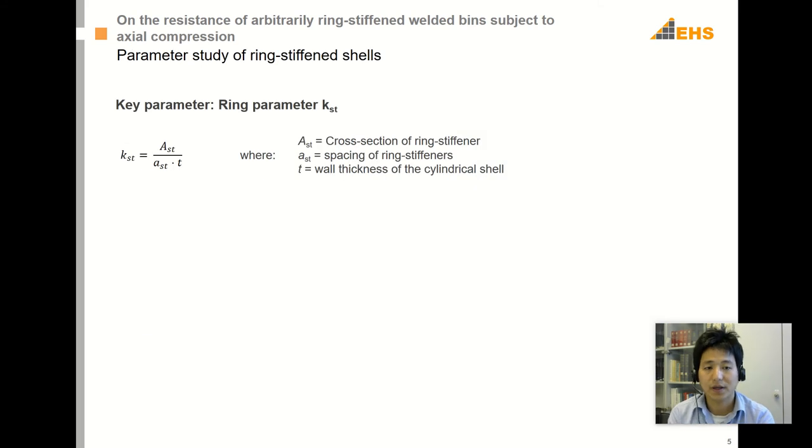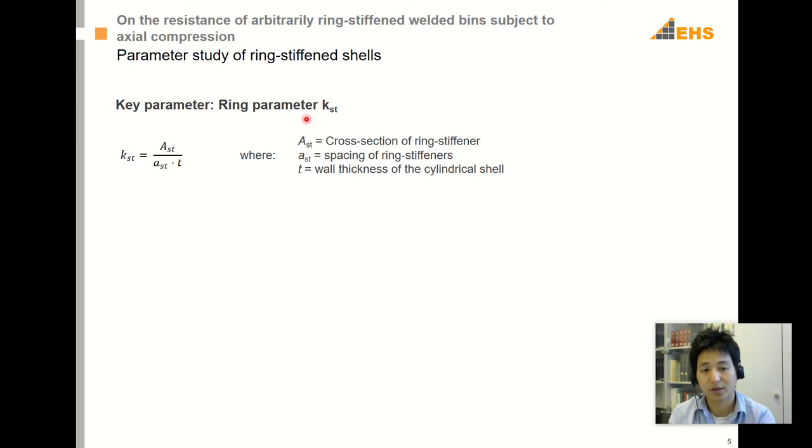In this study, we made a parameter study for the ring-stiffened shell structure. Usually, we use the ring parameter to describe the stiffness of the ring stiffener. From this equation, we can see the ring parameter is proportional to the cross-section of the ring stiffener, and inversely proportional to the stiffener spacing and the shell thickness t.